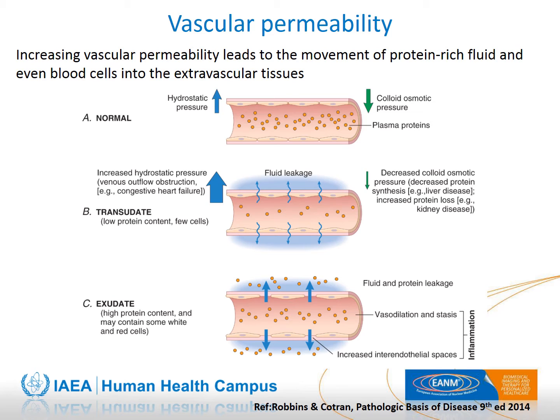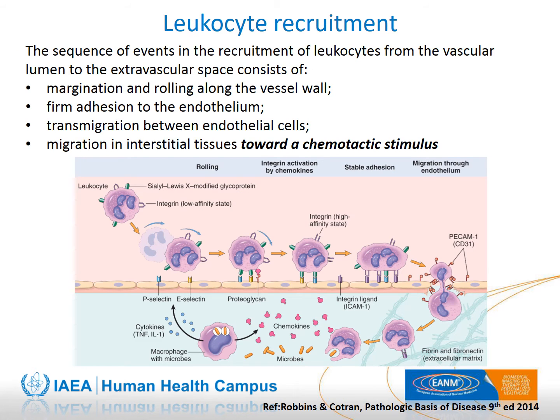This is very well studied in nuclear medicine because it is the vascular permeability which allows the radiolabeled cells to migrate to the areas of inflammation and hence allow them to be imaged. Leukocyte recruitment is another important part of the inflammatory process.